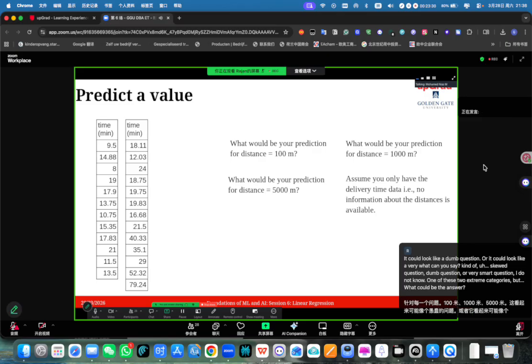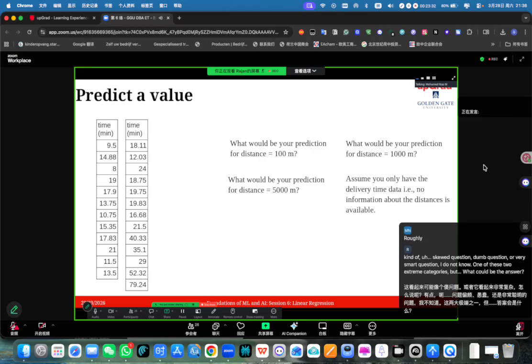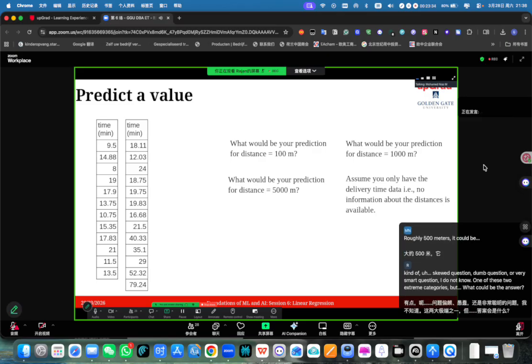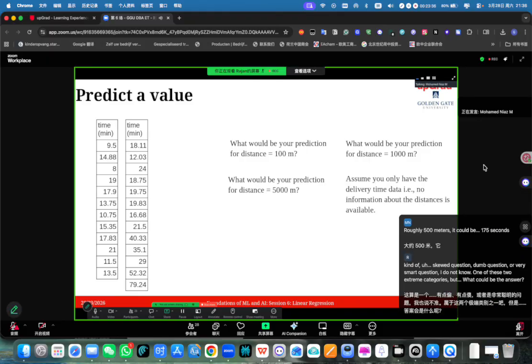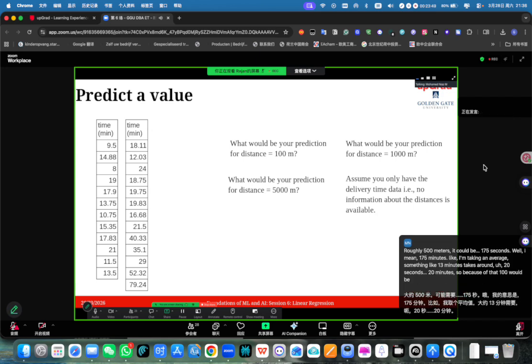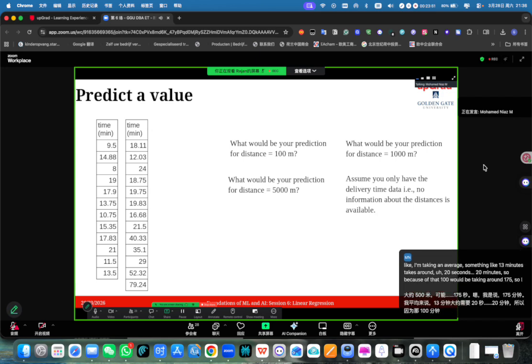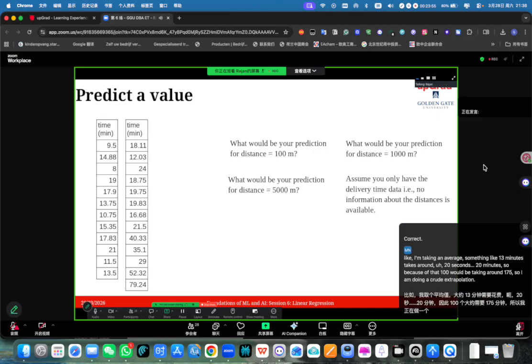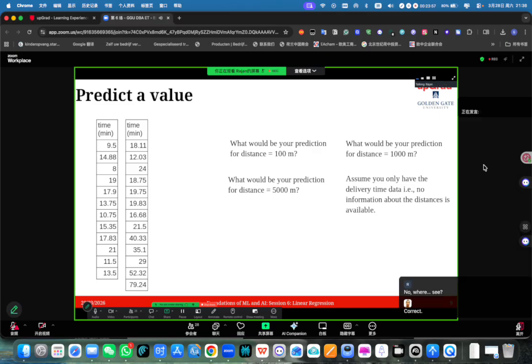Roughly for 100 meters, it could be 175 seconds. Well, I mean 175 minutes. I'm taking an average, something like 13 minutes takes around 20 minutes. So because of that, 100 would be taking around 175. So I am doing a crude extrapolation. I do not understand your reasoning.